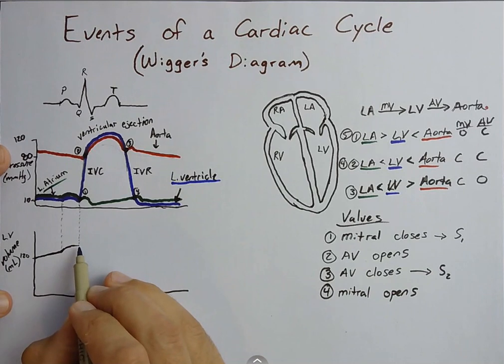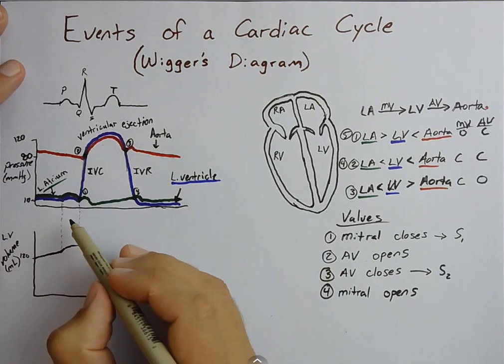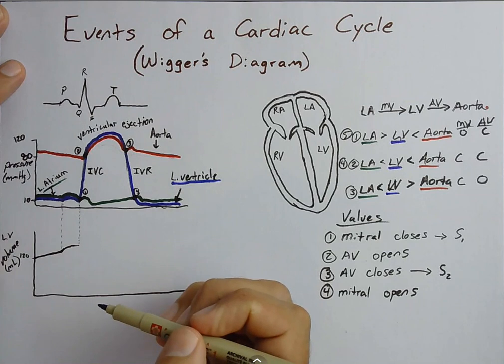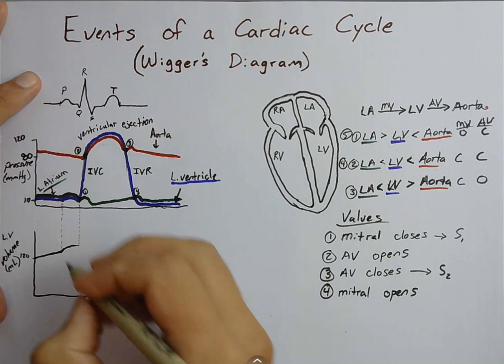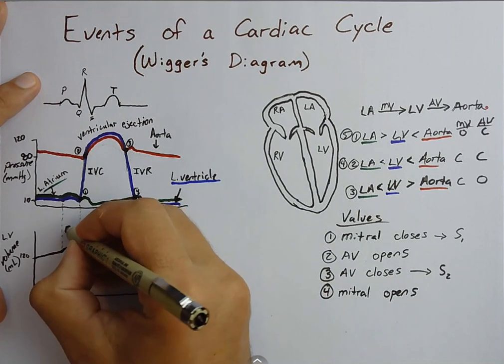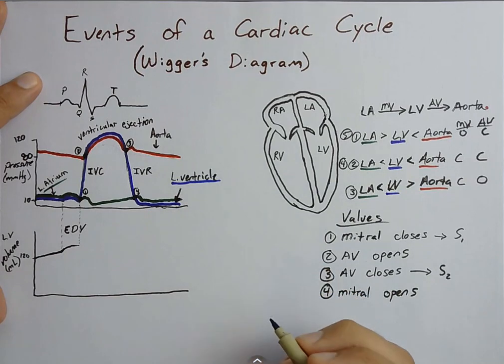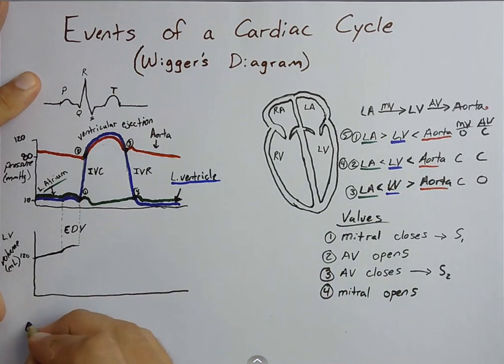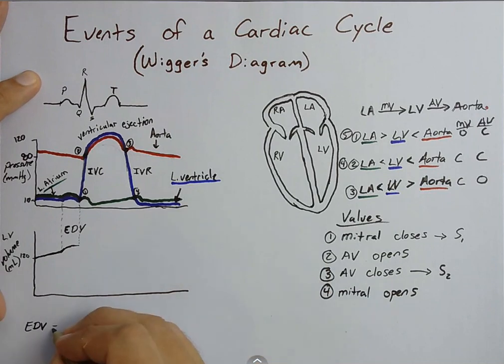This right here is the maximum volume of blood inside of the heart at the end of ventricular diastole. We call this volume of blood right here end diastolic volume, EDV, where EDV is the maximum volume of blood.